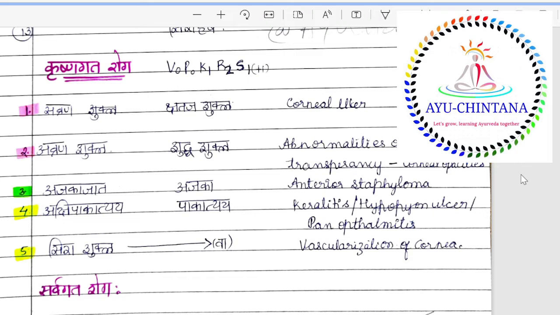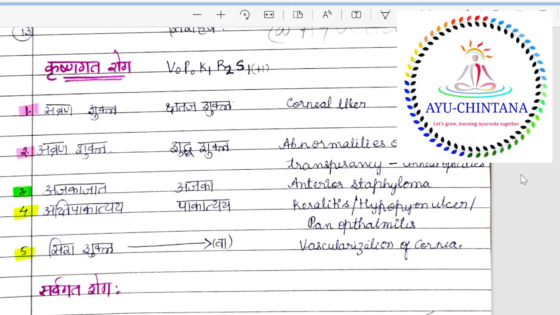Got it? Okay, what was the third criteria? Whether it is Sadhya or Asadhya. In Krishnagata Vyadhi, only one is Sadhya. All the other 3 are Asadhya. So it is easy to remember. Only Avrana Shukla is Sadhya.